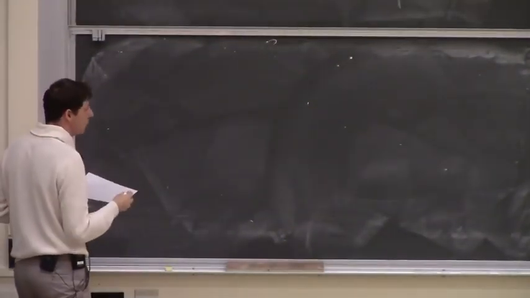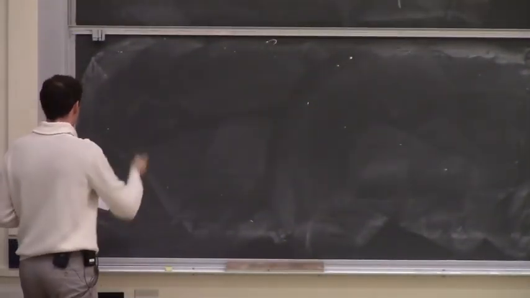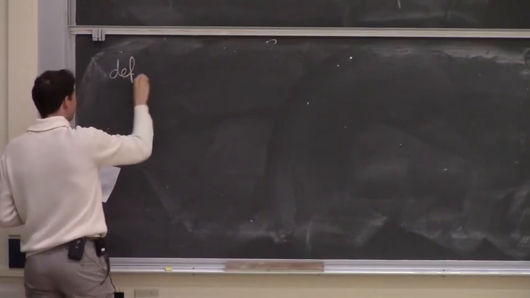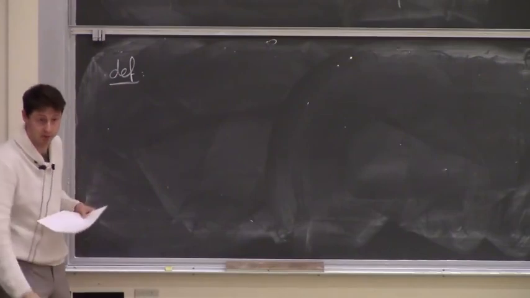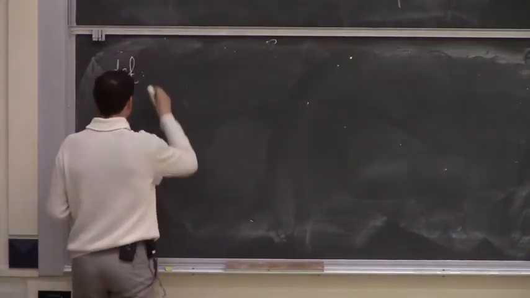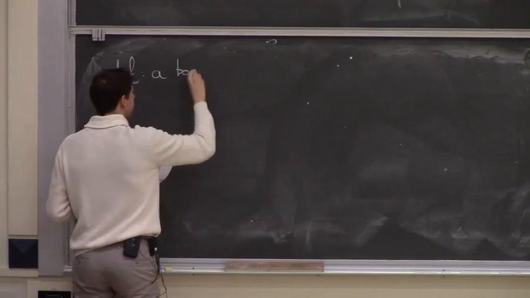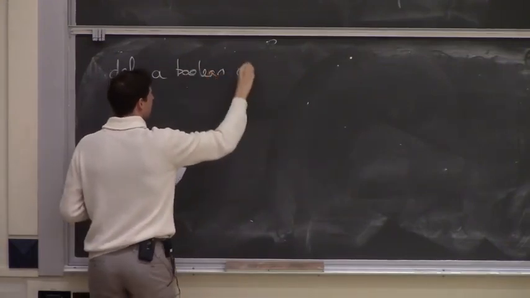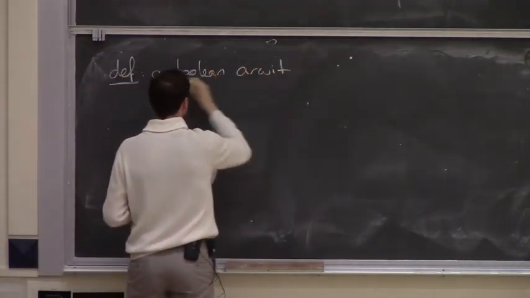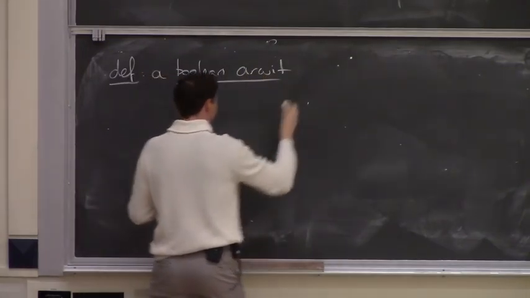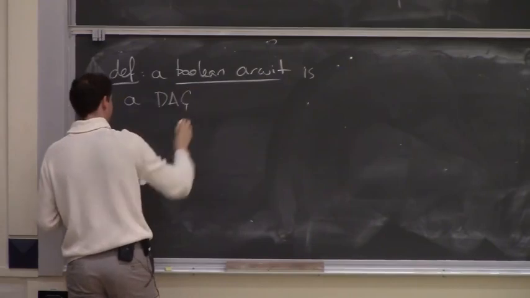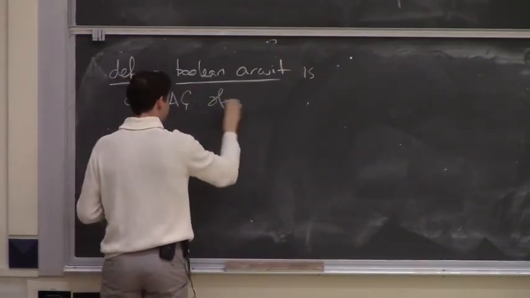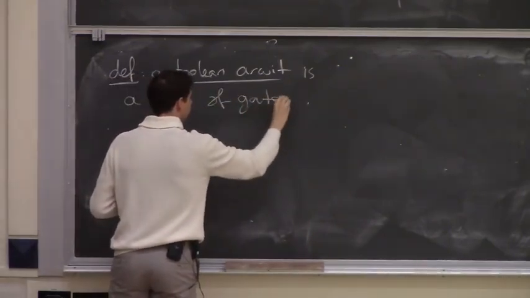computation in the general sense. So to talk about that problem, we first have to define the notion of a Boolean circuit. So a Boolean circuit is a directed acyclic graph, a DAG, of so-called gates.